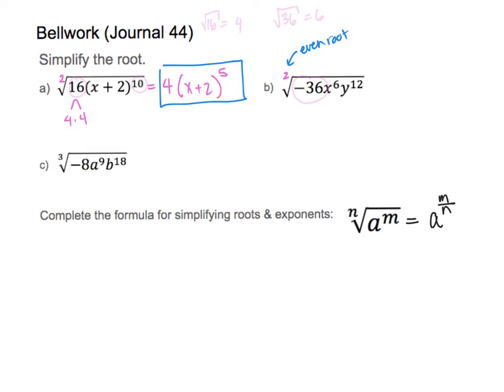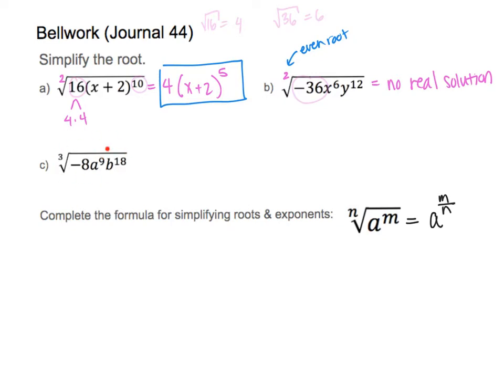So if that's the case, then this answer here is going to give us an imaginary number, and that would lead to no real solutions. So in this case, this one can't be worked out because this is an even root, and there's a negative inside, which would give us imaginary numbers, which leads to no real solution. So I'm going to skip over that one, not work it out.